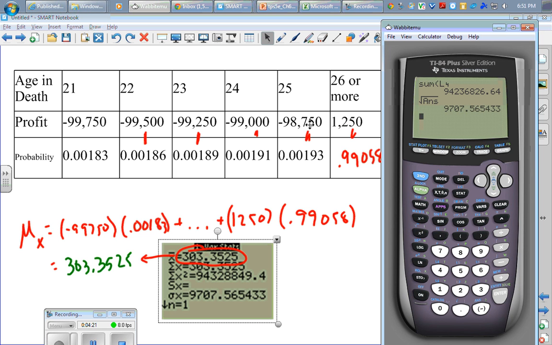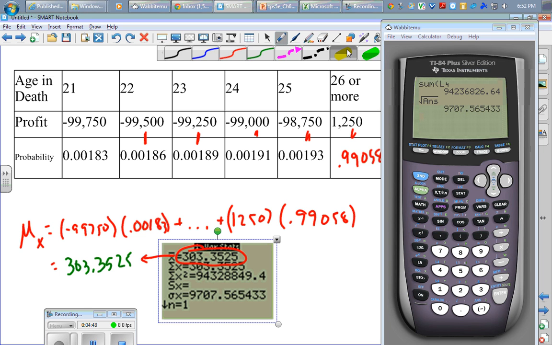But on average, and now this is back to part A of problem 18, the law of large numbers says if we insure lots and lots and lots of people, we will expect the insurance company to average $303 of income for each person they insure, because most people end up here. 99% of people end up here, which is where the insurance company makes money.